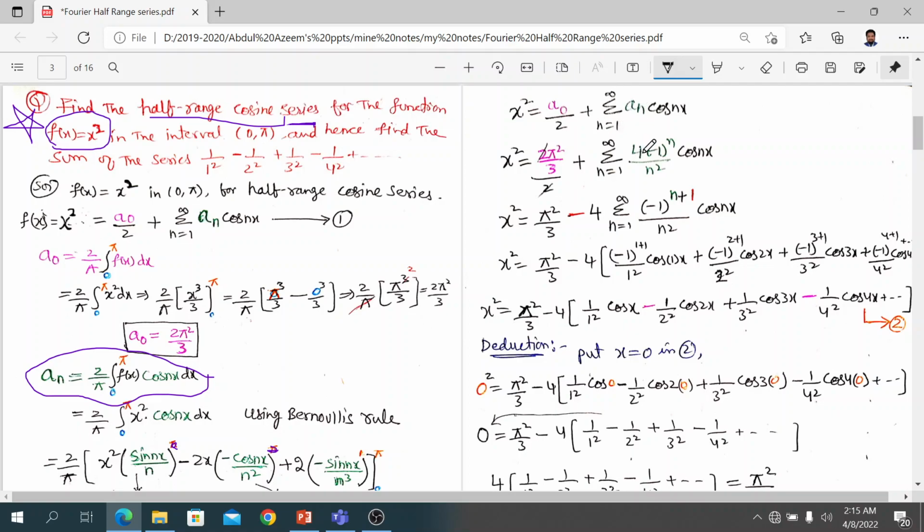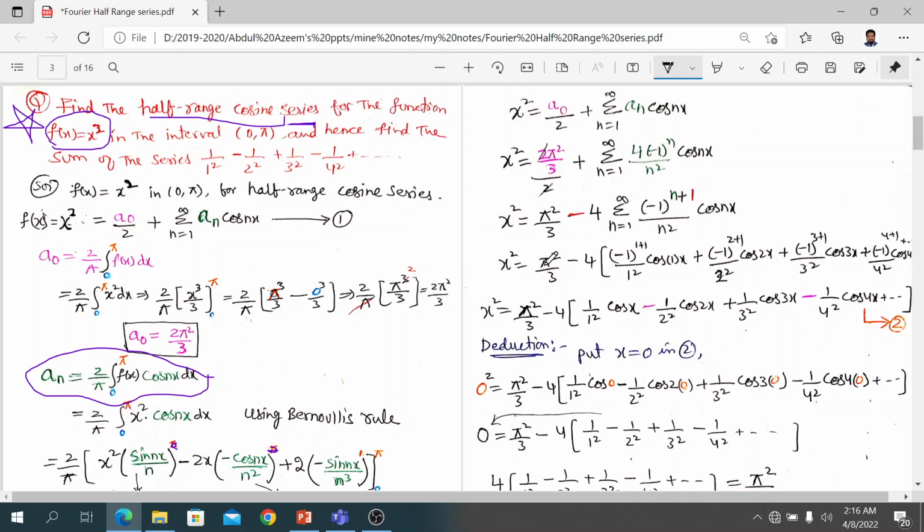The a n value is 4 into minus 1 power of n by n square cos nx. See here it is plus, and here for n I am writing minus, and this is n plus 1. 4 outside as it is. Now expand this.